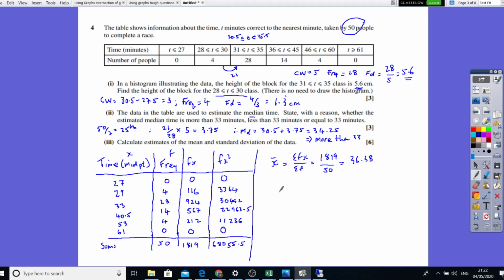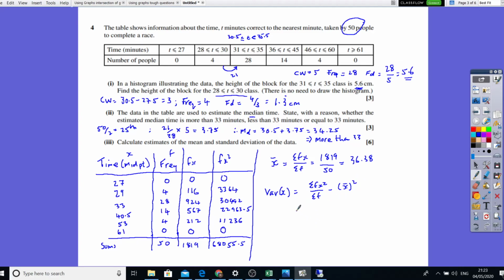Okay, now the standard deviation. Before we do standard deviation, let's get the variance, get the formula, because once we've got the variance, we just need to square root that. So the variance is going to be the sum of fx squared divided by the sum of frequency, minus what we worked out earlier, the x bar squared.